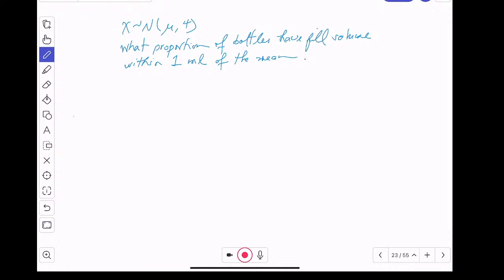So what I want to know is the probability that X is between mu minus 1 and mu plus 1.